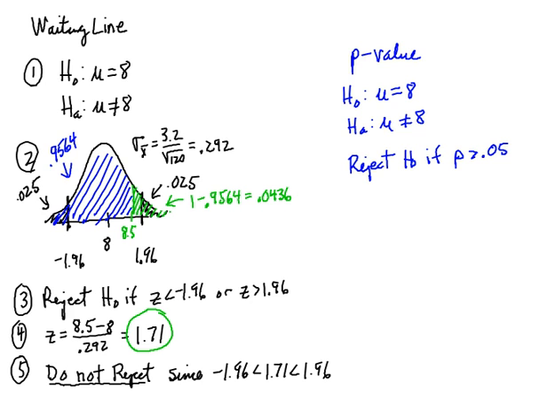But the actual p-value is going to be taking that 0.0436 and multiplying it by 2 to get 0.0872. So do not reject.